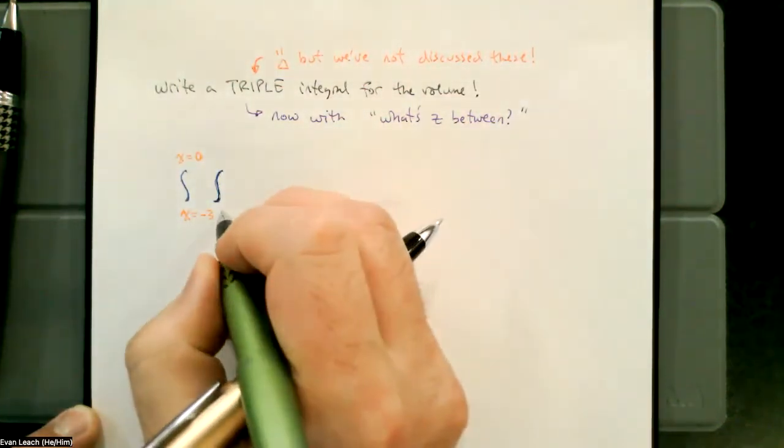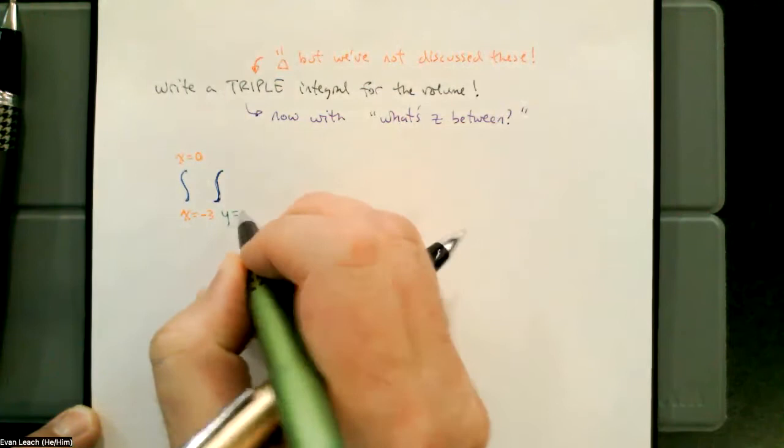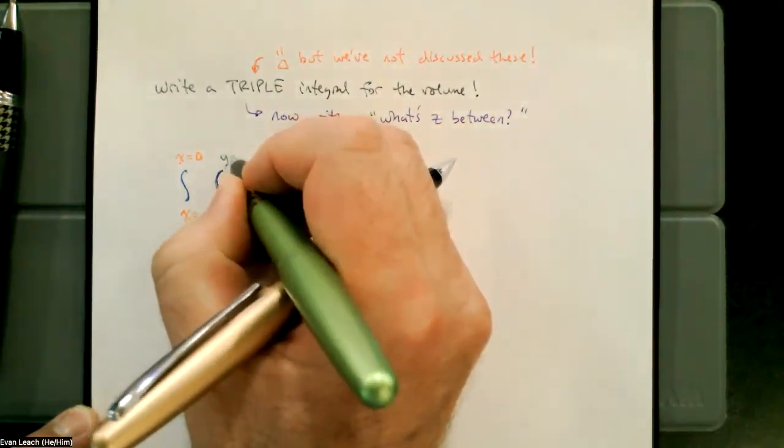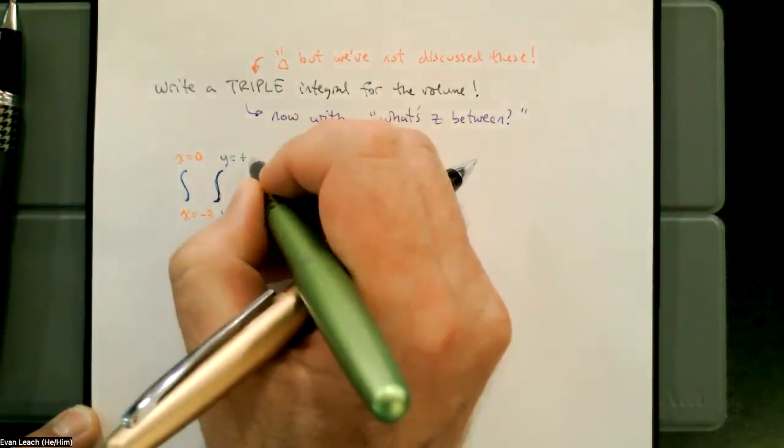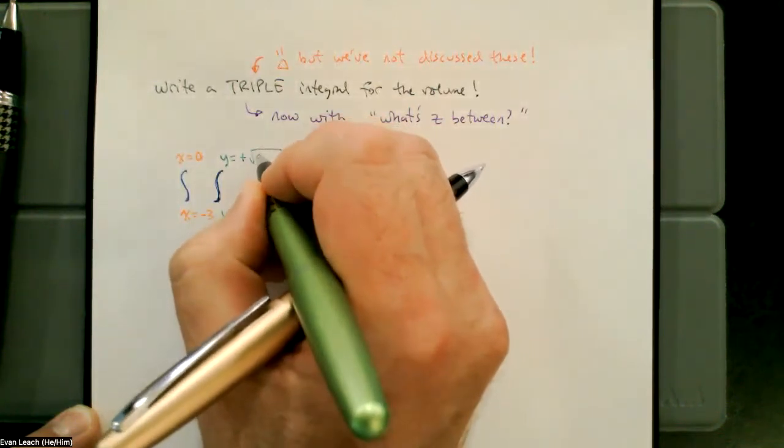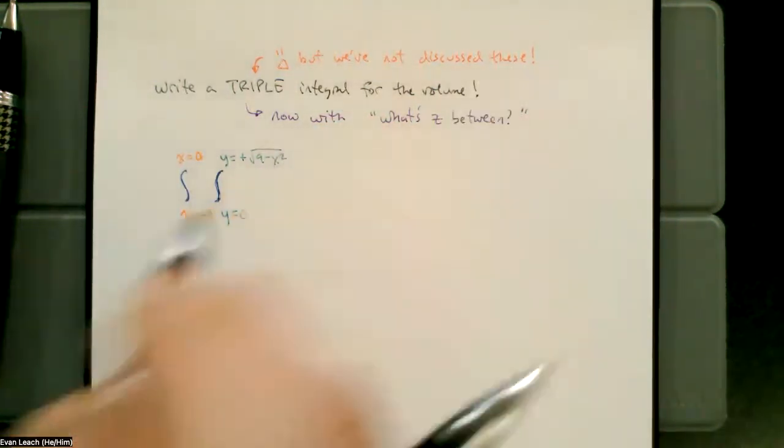Y was between 0 and positive square root of 9 minus x squared.